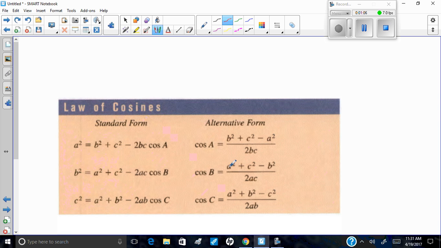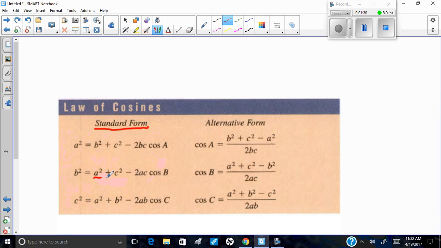All right, let's go ahead and look at our formulas. Now you can see there are 6 formulas here for law of cosines. We have the standard form and alternative form. We're going to focus on our standard form. And if we look at these 3 formulas, we can see a pattern here. If it starts with A, it's equal to the other 2 sides squared minus 2 times the other 2 sides times the cosine of angle A. If it starts with B, notice again, we're finding the cosine of angle B, so there's a connection.